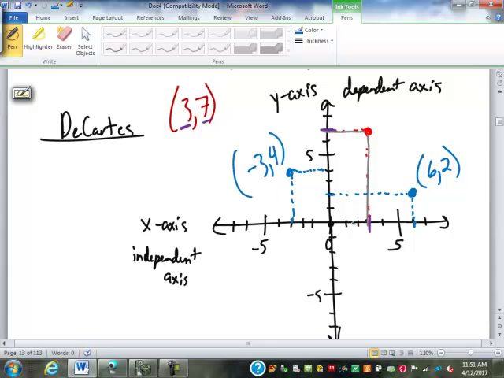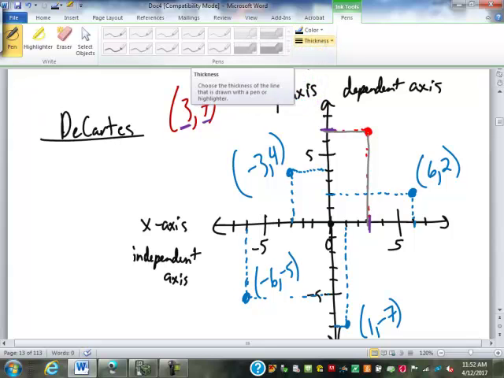Wonderful. And how about this one? 1, -7. And this one? Perfect. So we can graph those points rather quickly.